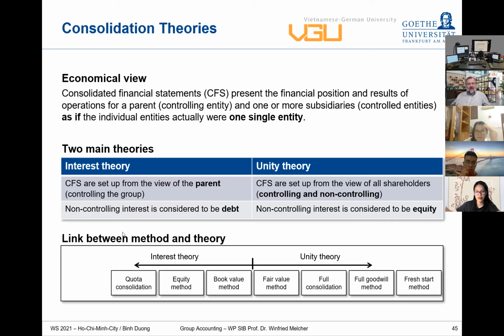So what is the basic theory behind that? The basic theory is that we have the interest theory and we have the unity theory. When you look at the interest theory, the consolidated financial statements are set up from the view of the parent, because the parent is controlling the group. So the non-controlling interest is not considered to be equity, it is considered to be debt, because it's not belonging to the group.